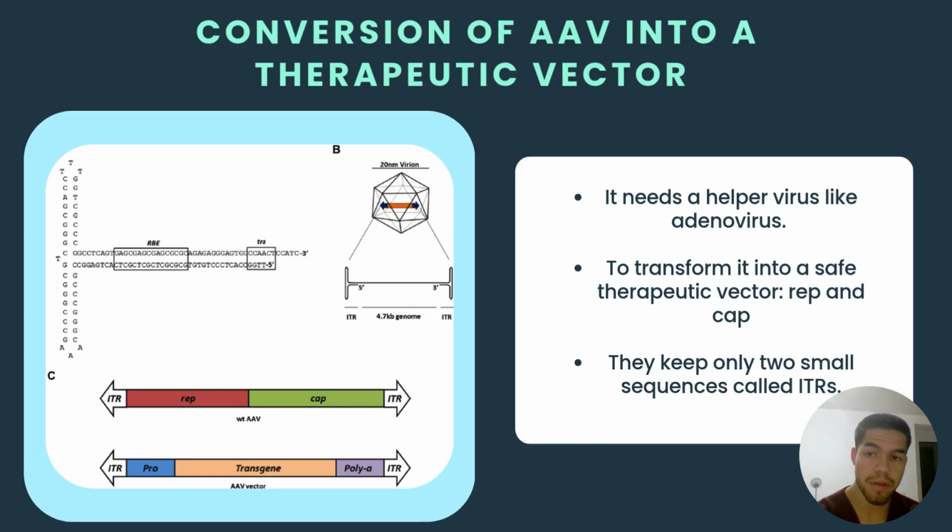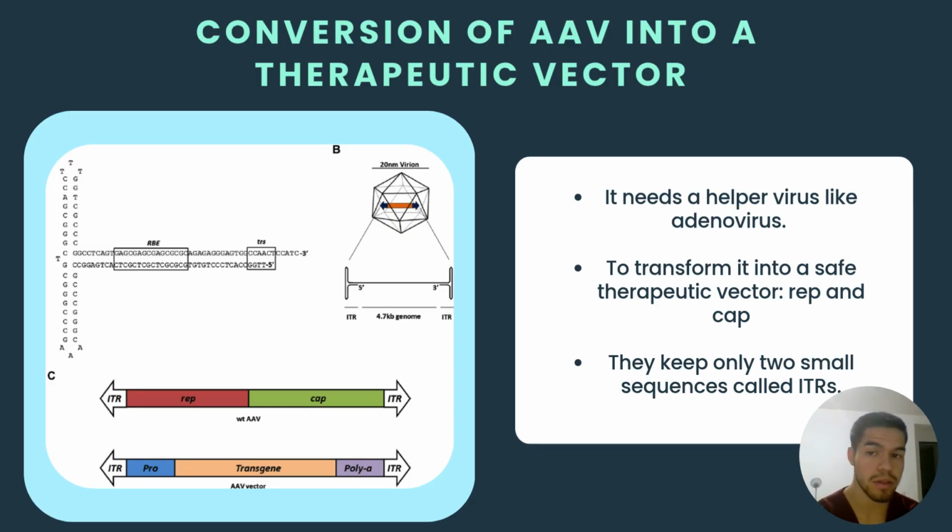The adeno-associated virus, or AAV, is naturally unable to replicate on its own. It needs a helper virus like adenovirus. To transform into a safe therapeutic vector, scientists remove the viral genes responsible for replication and capsid formation, known as rep and cap.